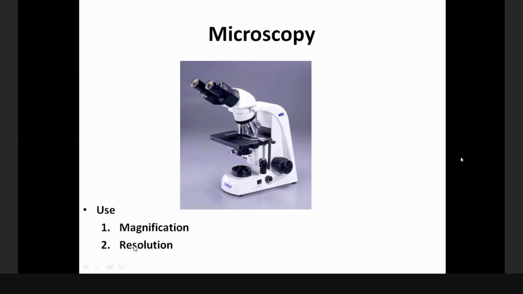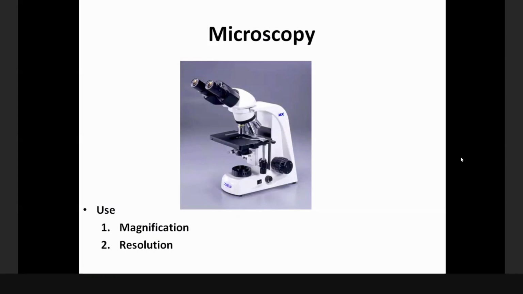Students always look at the magnification and think of the magnification function of a microscope. But the microscope also needs to have a function of resolution. Magnification is not the only thing we need from a microscope.